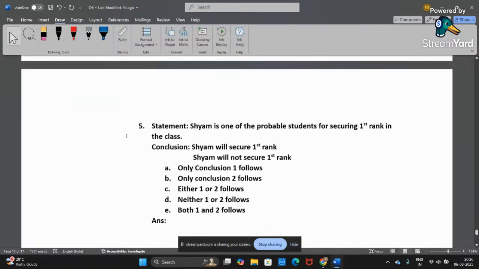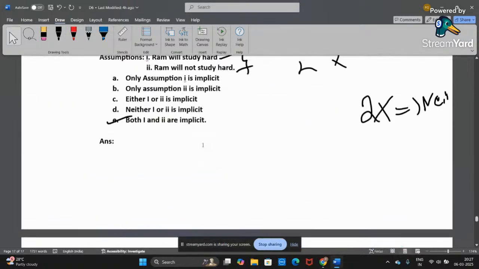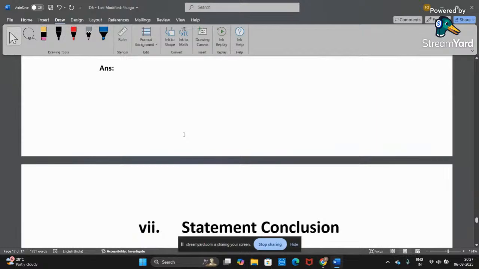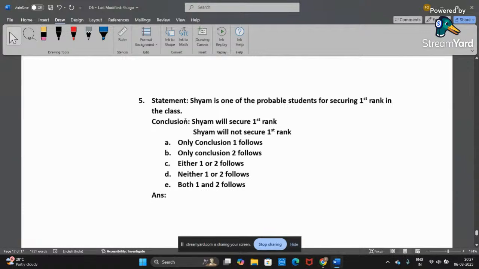Okay. Try to solve this by yourself. This question is the same as the other question which we have solved previously, but we solved that under assumption, and here we need to solve under conclusion.